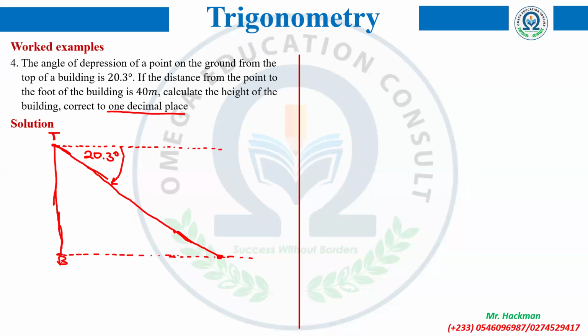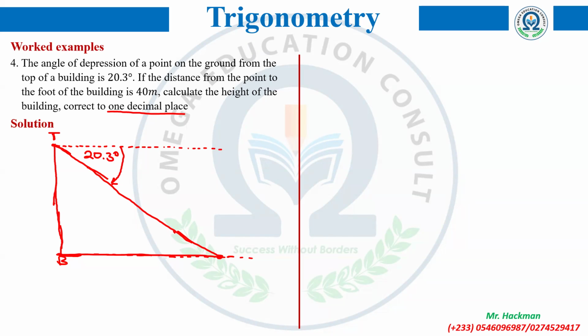So let me draw it as a continuous line. And I've told you that wherever you are taking your measurement from, in terms of the angle of elevation or depression, always draw a horizontal line. That will be your original line of sight, before you either move down for a depression angle, or move up for an elevation angle.